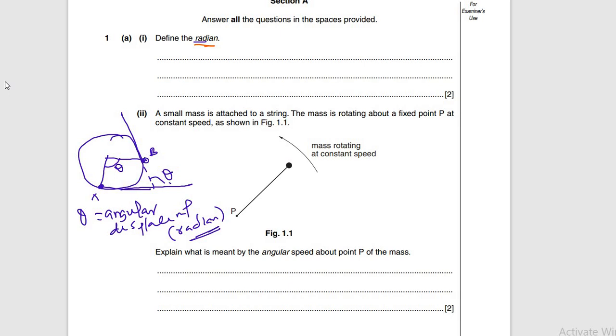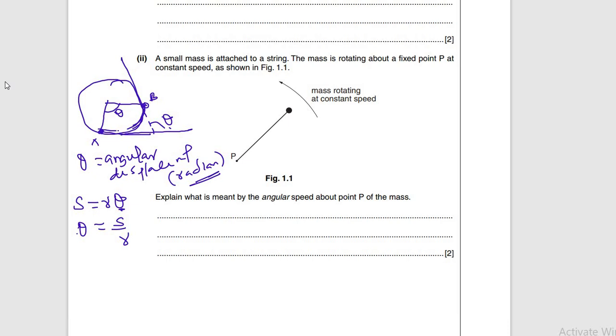Now, at the same time, we have a relationship. The length of an arc, displaced in this curved path, is r theta. So theta can be length of arc over r.